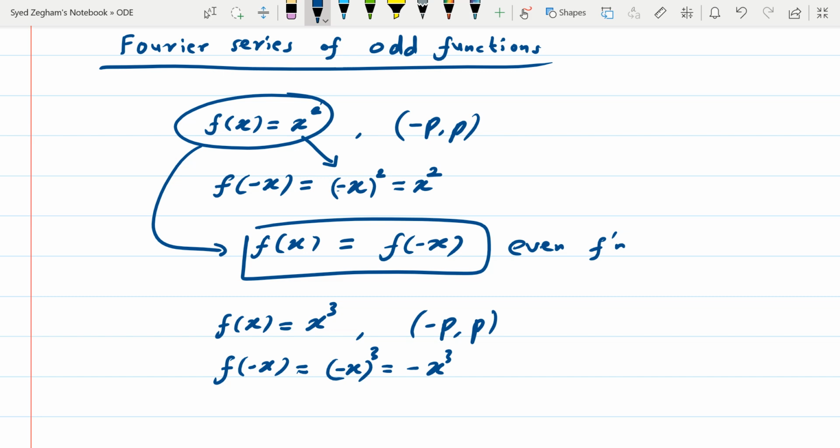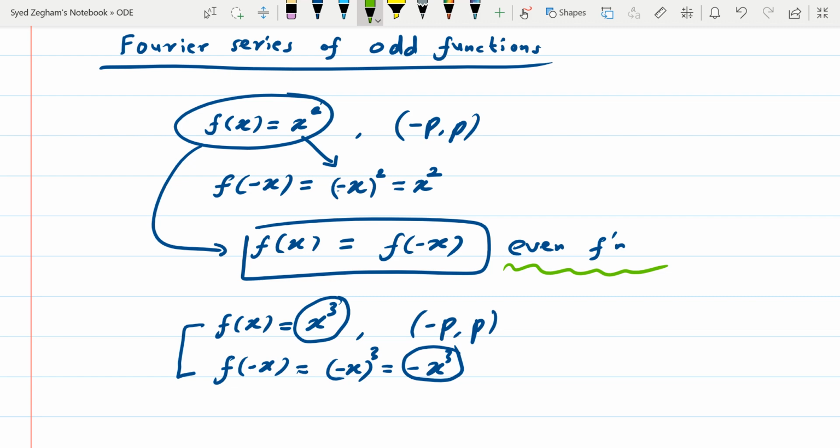So what are we seeing? That f of x and f of minus x are the same? No. What is happening? f of x and f of minus x have the same magnitude, but the sign is opposite, right? So if f of x and f of minus x both are equal, then the function will be called an even function.